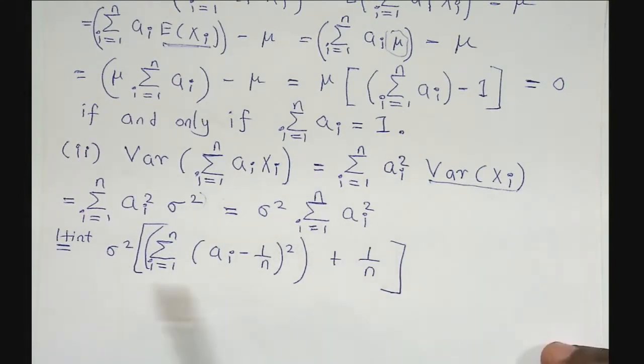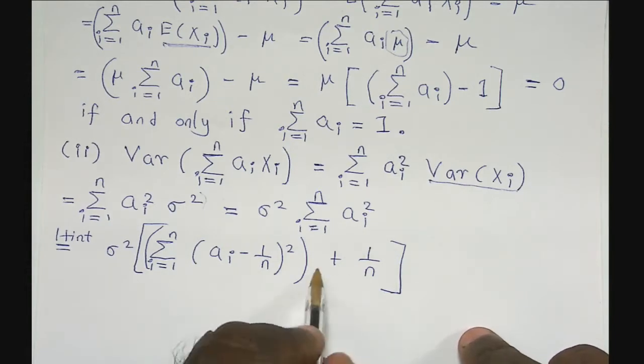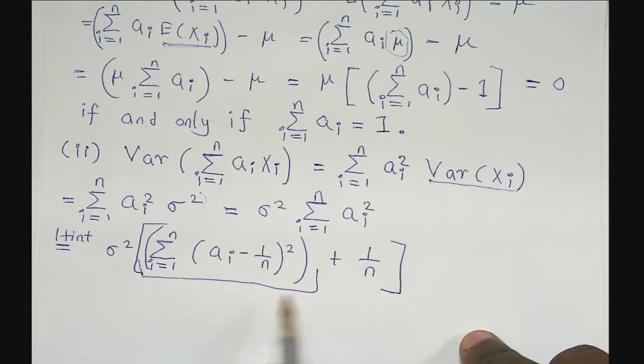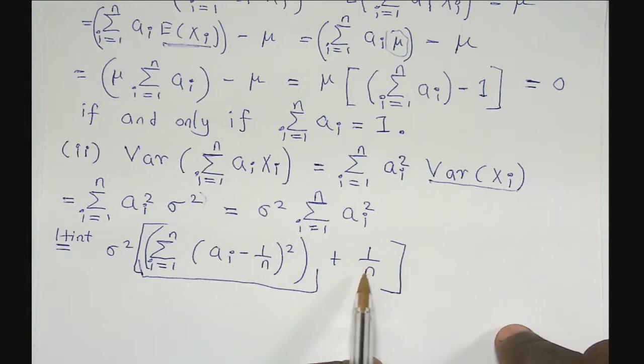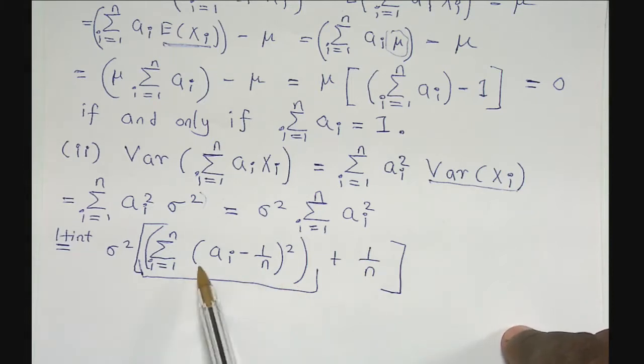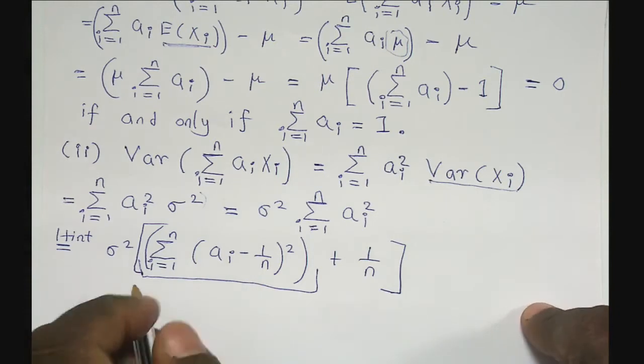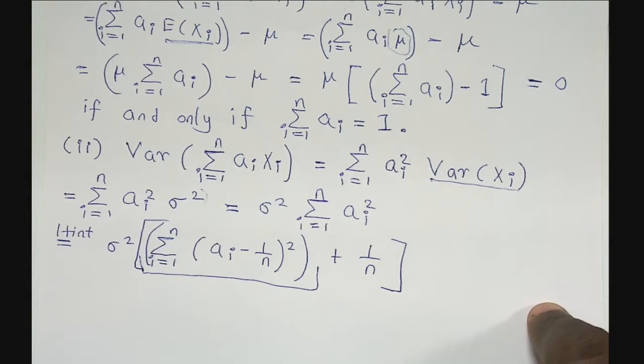Now we want to minimize this expression with respect to ai. Only this term depends on ai. 1 over n is a constant, so you don't need to bother about it. You only need to bother about this term. If you look closely, what you have here is a sum of squares of numbers. The square of any number must be non-negative, and if you take the sum of it, it's also non-negative.